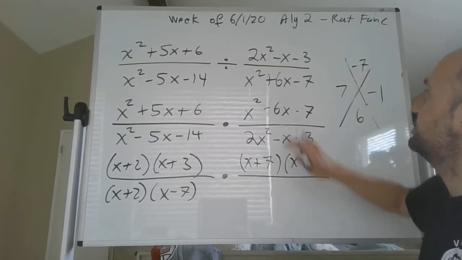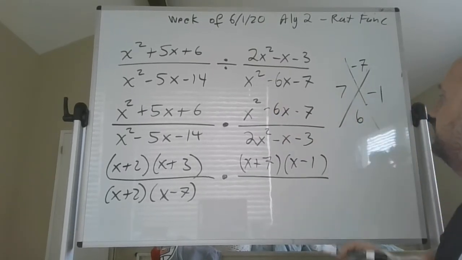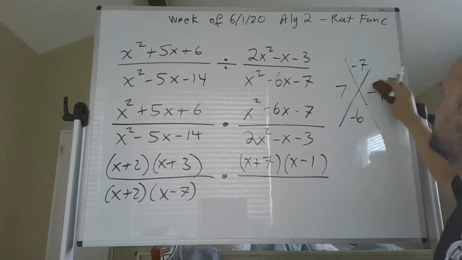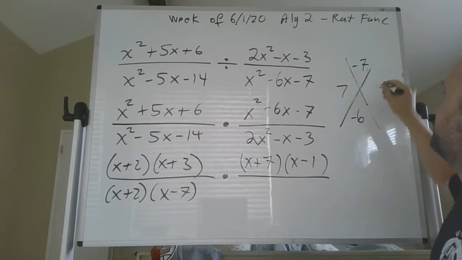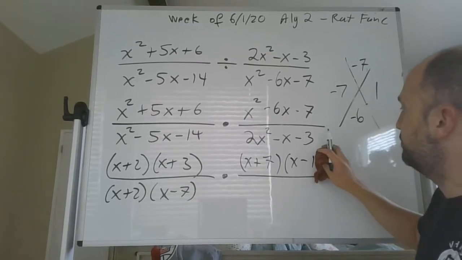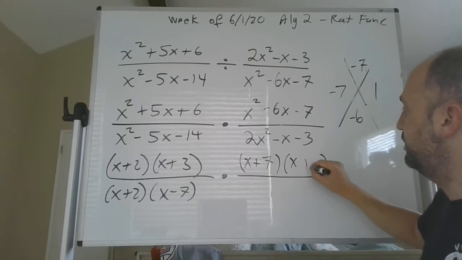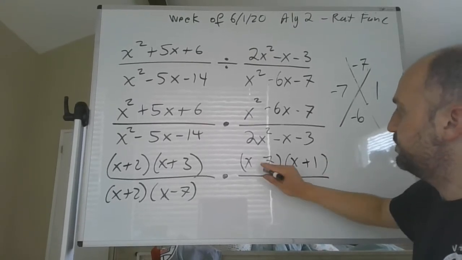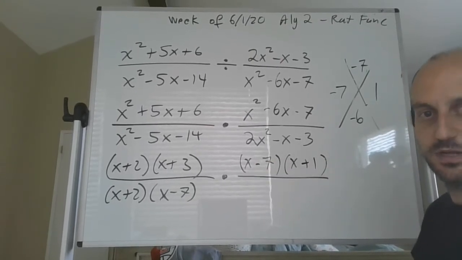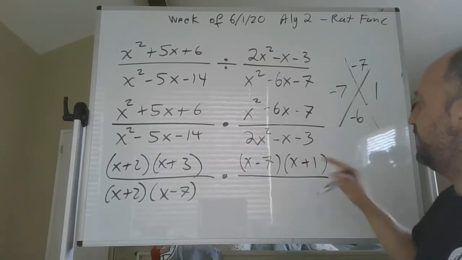I apologize. That's supposed to be a negative 6. So what this was supposed to be is negative 7 positive 1. I wrote that one wrong. I wrote the question wrong. I apologize. No big deal. I just factored that, so I just changed the problem and turned it to that.